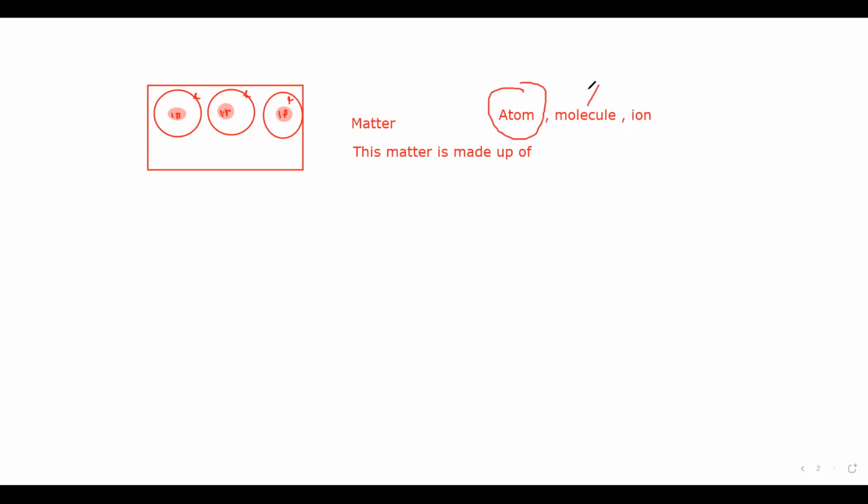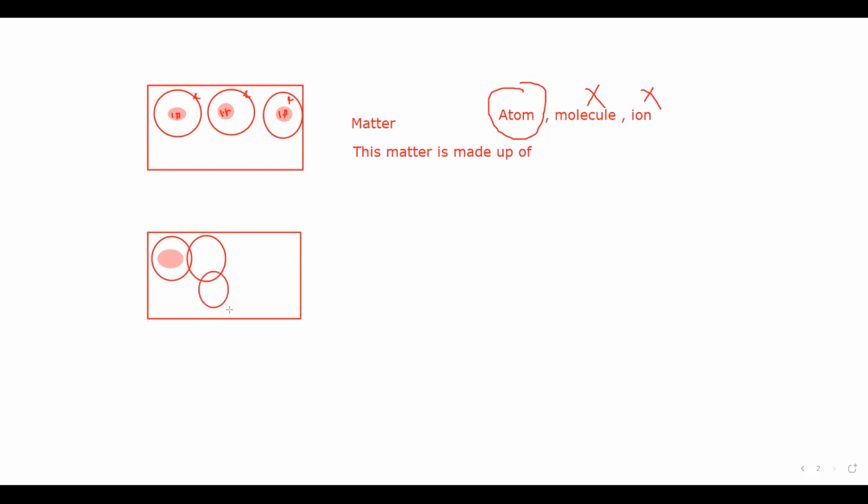Why not molecules or ions? Because to be a molecule, it should be a group of atoms, meaning they should join together. So if it was a molecule, how would it appear? It should appear like this, with atoms joined together.